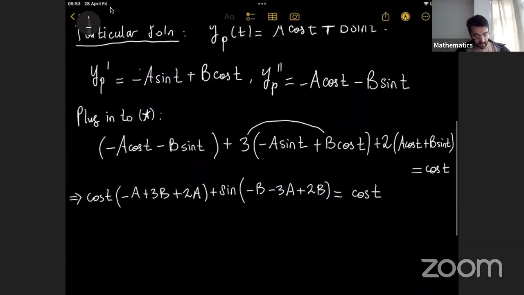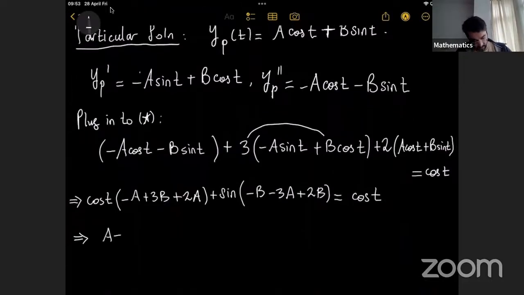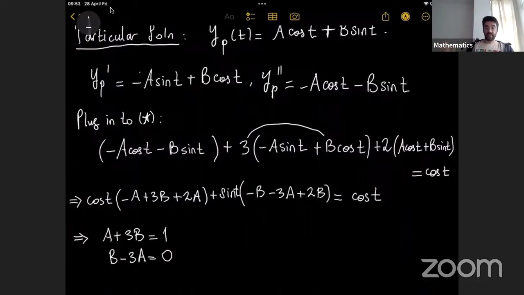So that means a plus 3b is equal to 1, and the coefficient of sine, which is b minus 3a, is equal to 0, because we don't have any sine function on the right-hand side. We have 0 for the coefficient of sine t. All right, from this we can get a and b.